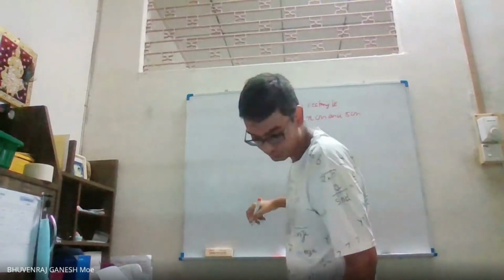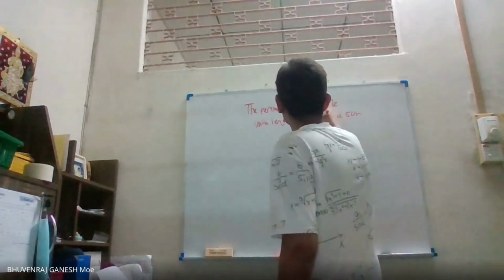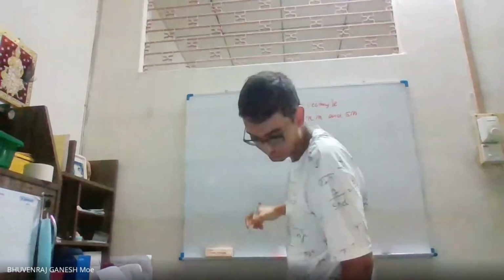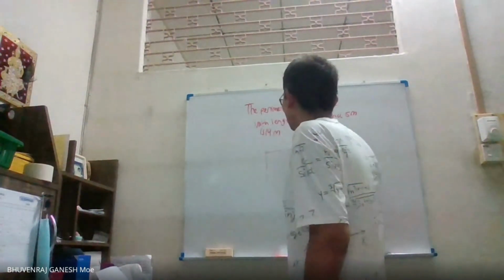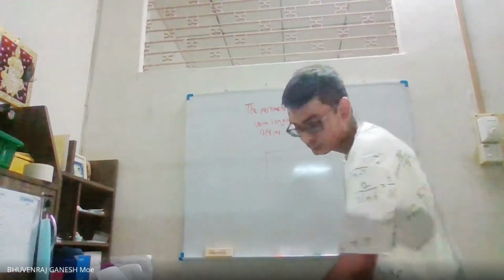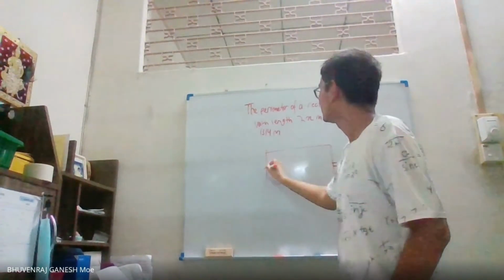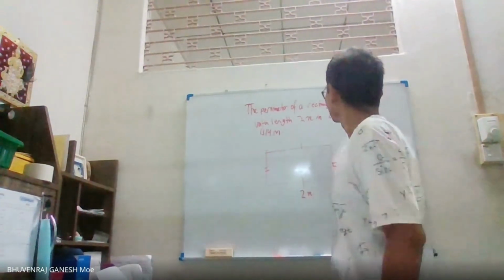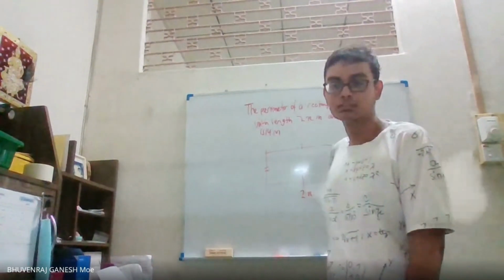Never mind, I'll make it all meters so I don't confuse you. 2x meter, 5 meter, and the perimeter is 14 meter. So you can imagine a rectangle, then try to form an equation. What equation will you get?